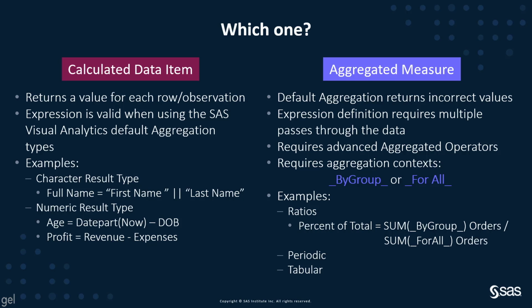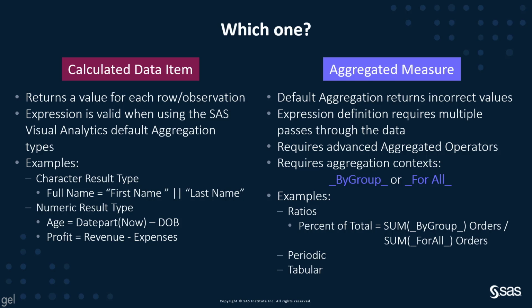And when would you use an aggregated measure? If the default aggregation for an expression returns incorrect values, that would be an indication you may need to build out an aggregated measure. Also if the expression definition requires multiple passes through the data, if you need to use an advanced aggregated operator, or your expression requires an aggregation context either by group or for all.